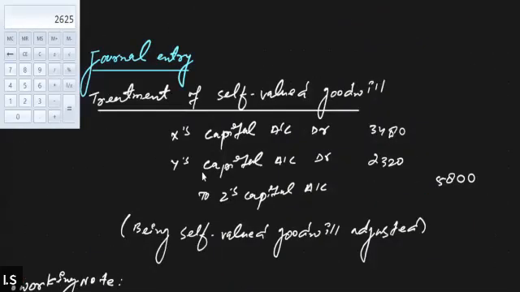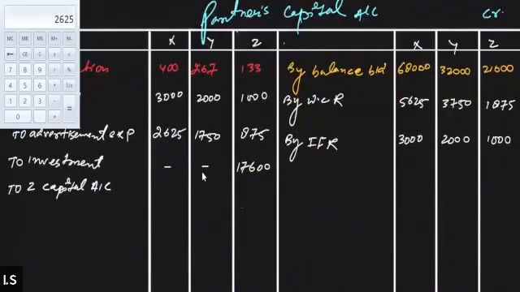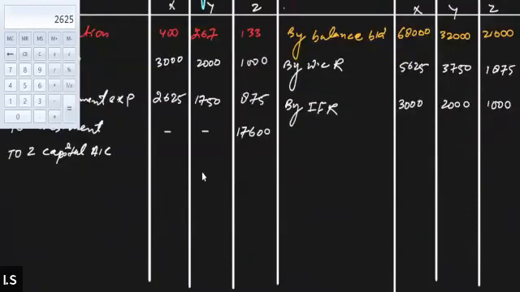In the X capital account 3480, in the Y capital account 2320. So both accounts will be debited, by 3480 and 2320.